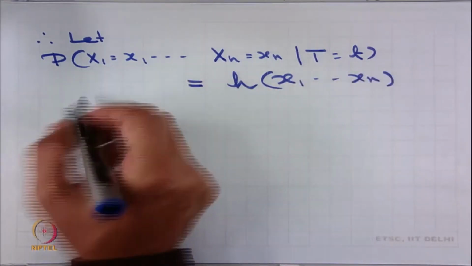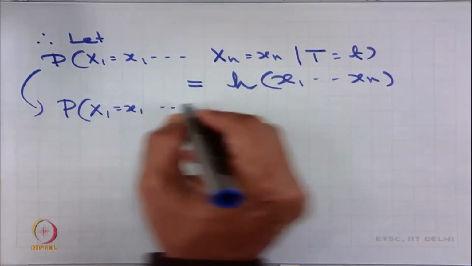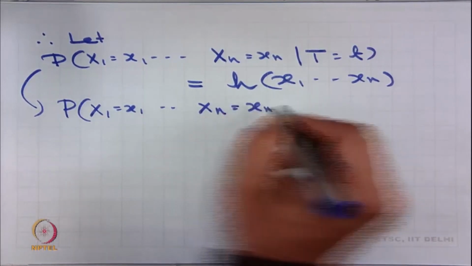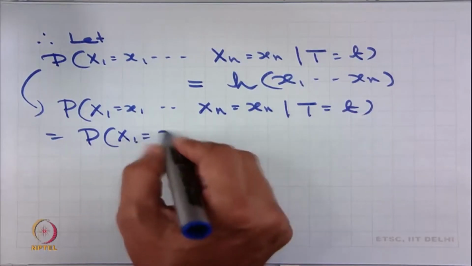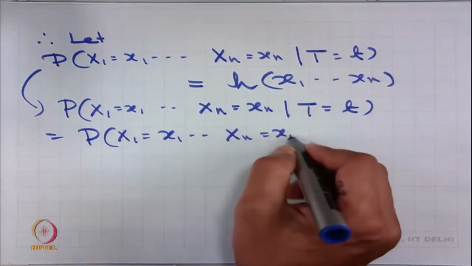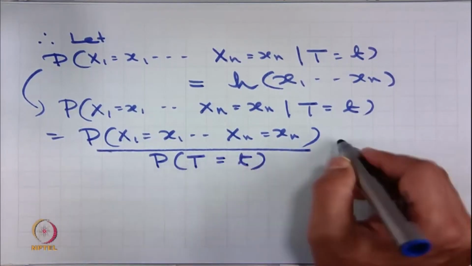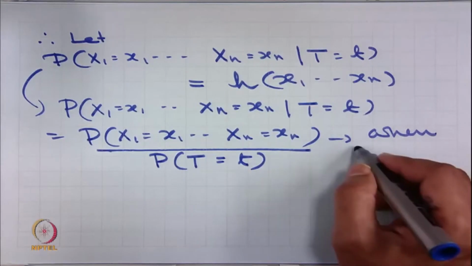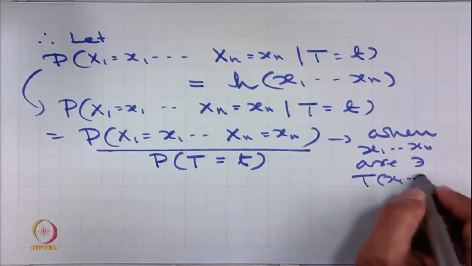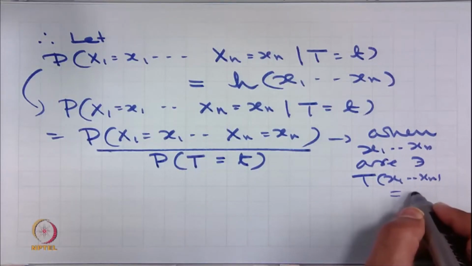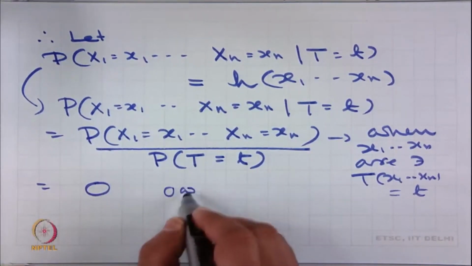Now, the left hand side is equal to probability t is equal to t when, as before, x1, x2, xn are such that t of x1, x2, xn is equal to t, and it is equal to 0 otherwise.